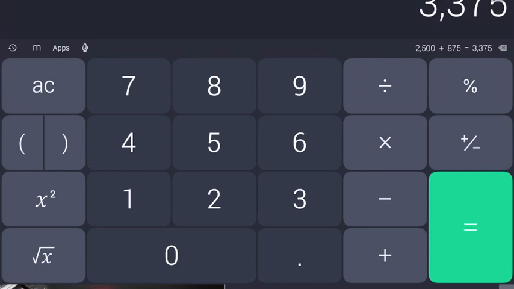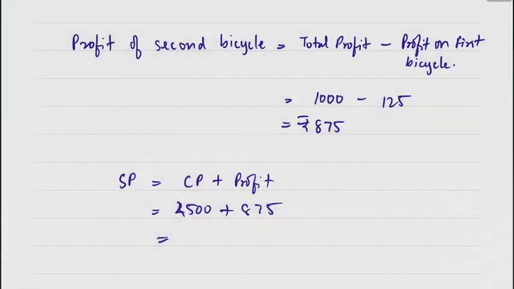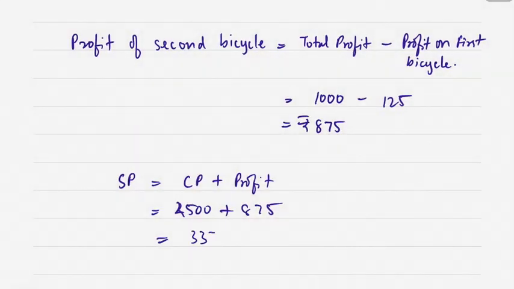That is 3375. So overall, if he wants to make 20% profit, then the selling price should be 3375.